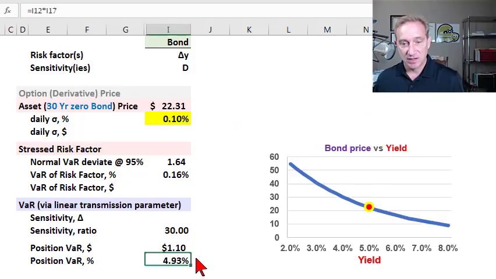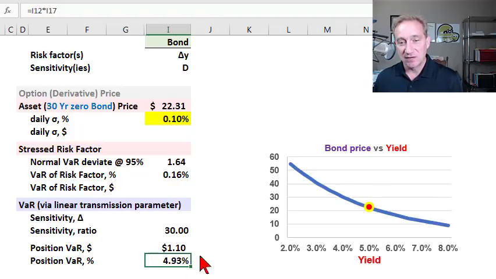Okay, just to summarize that, the position VaR here of 4.93% is because I have a long position in a 30-year zero coupon bond with a current price of 22.31.